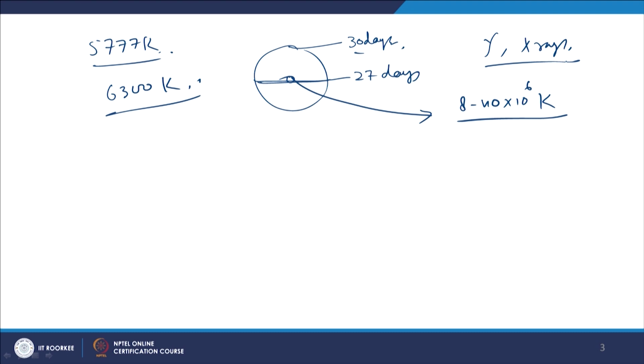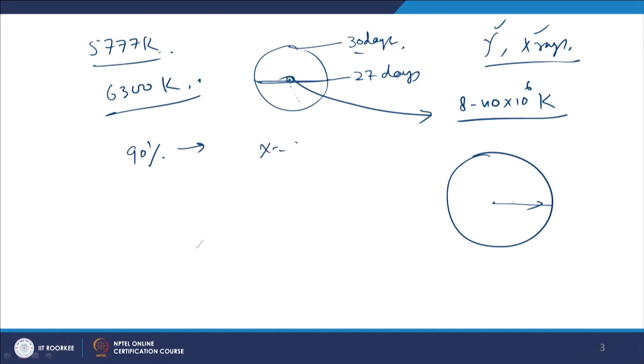Gamma and X-rays have a smaller wavelength. This wavelength keeps on increasing when we move away from the center of the sun, because when we move from the center to the periphery, the wavelength of the radiation increases, right? And 90% of the energy in the sun is generated within x equal to 0.23 r, that is, within 23% of the radius.